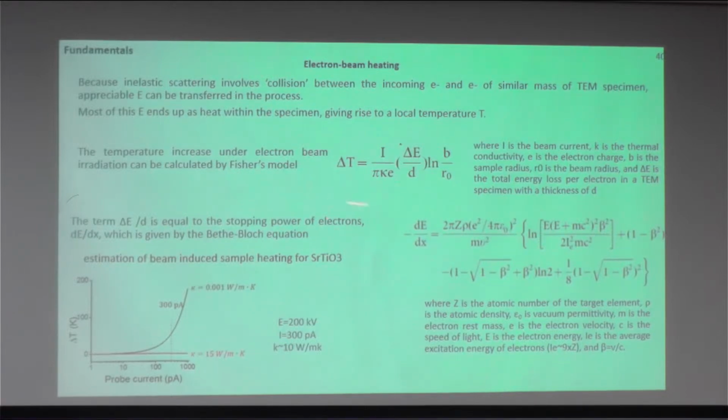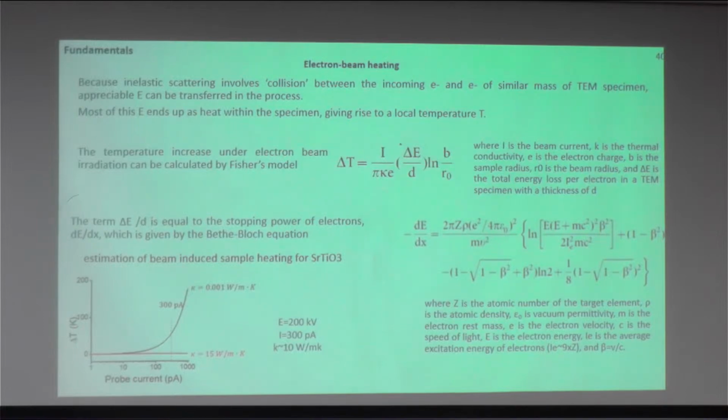We can also estimate some beam heating induced in the specimen. We can take strontium titanate for estimation, and look here at how the heating occurs when the electron hits our specimen. Here the delta T is calculated.